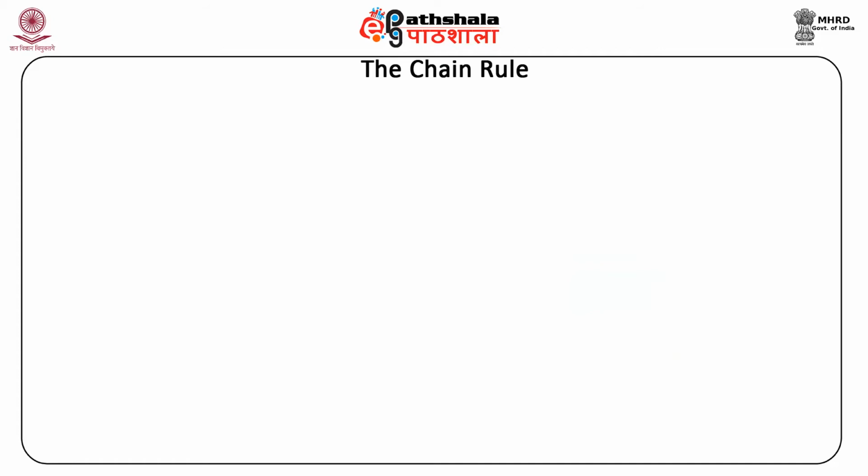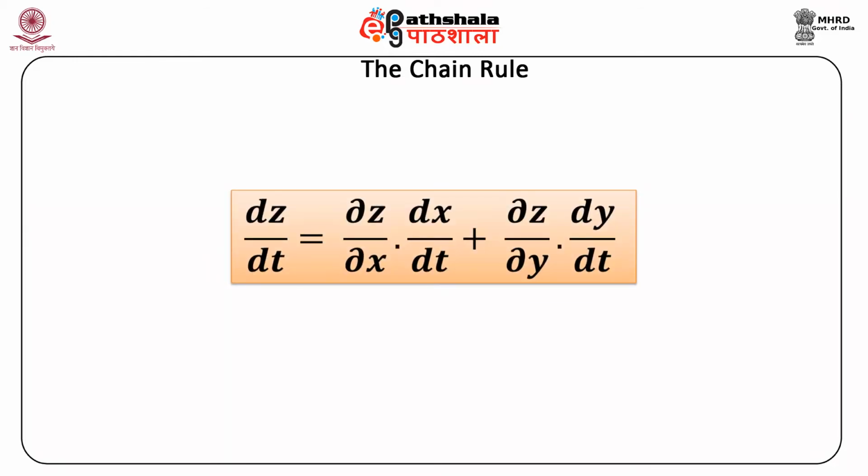According to the chain rule, the change in z when t changes is given by dz/dt is equal to ∂z/∂x into dx/dt plus ∂z/∂y into dy/dt.